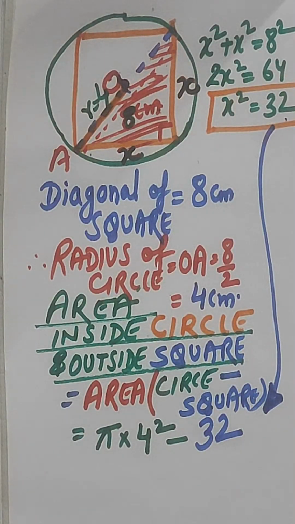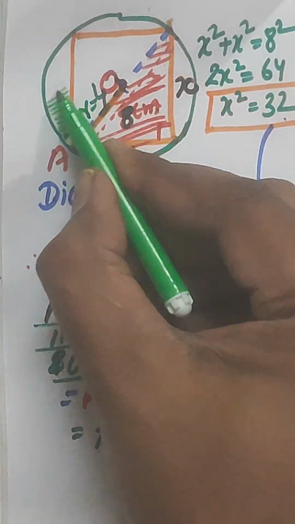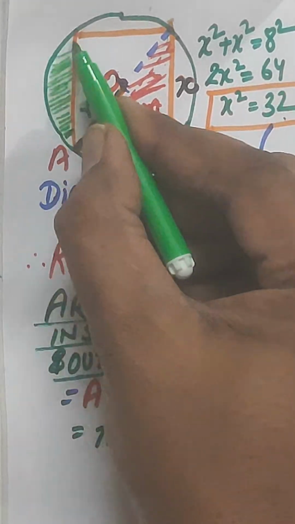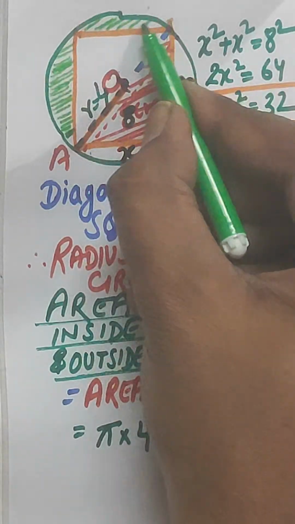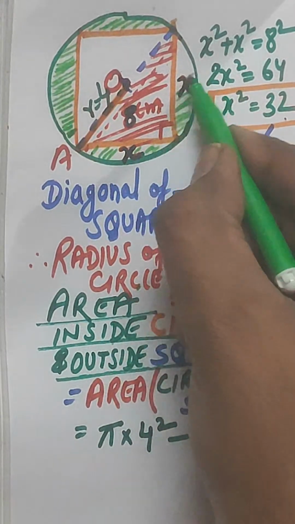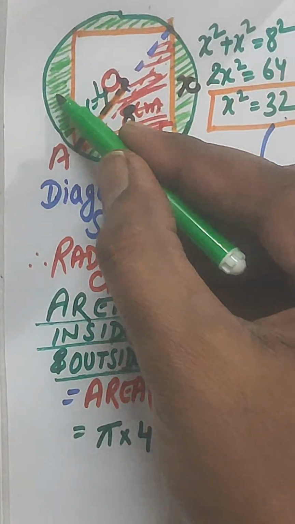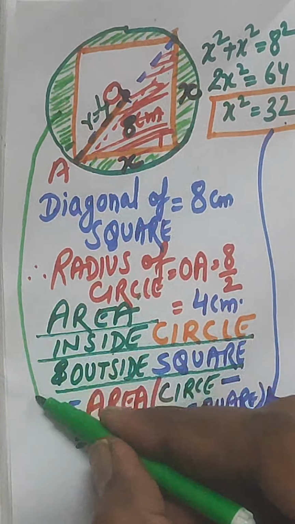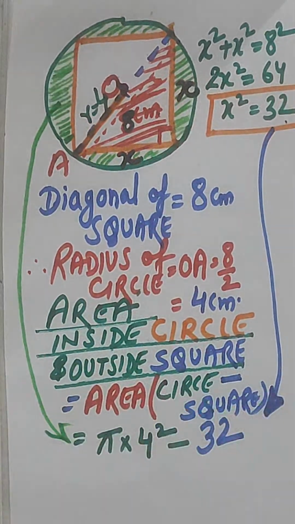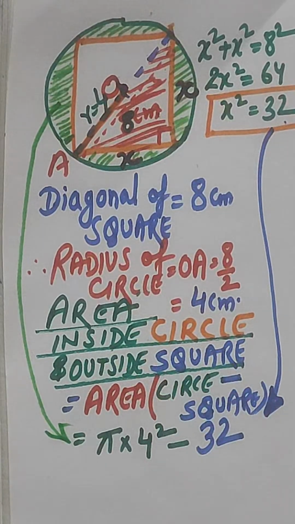This will give you the area outside a square inside circle. This has been asked, this area, right? So this is given by pi into 4 square minus 32. This is area inside circle, outside a square.